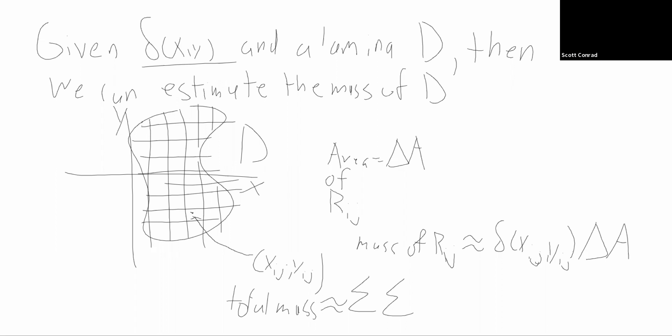So it's approximately the sum over i and over j. So we do what we always do. We make delta A smaller and smaller, and as we take it to 0, we get an exact mass.